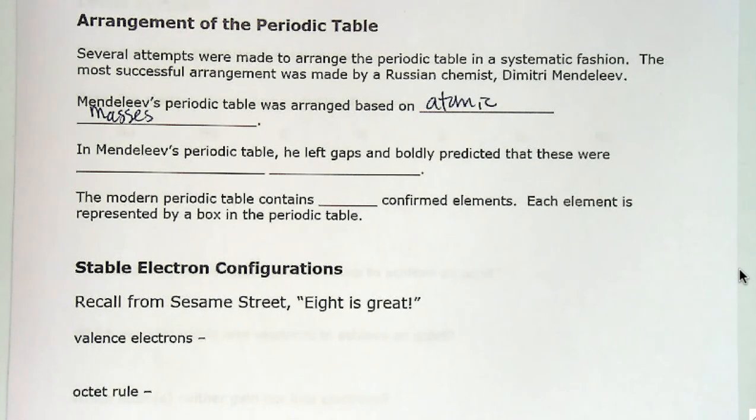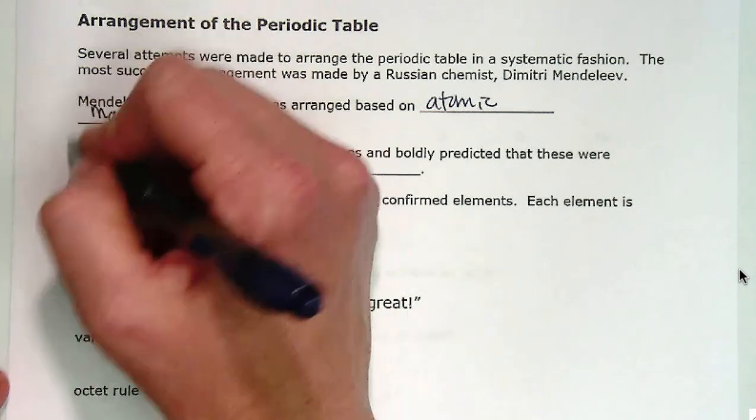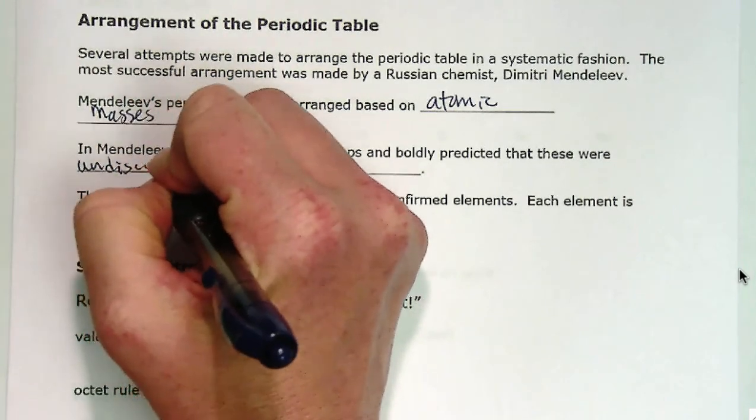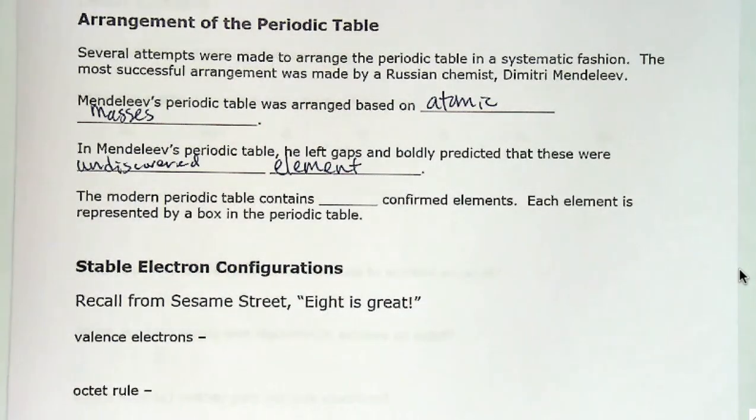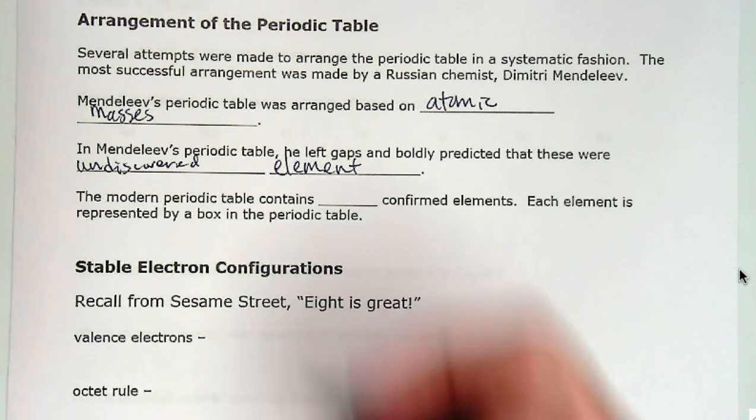And he achieved this by arranging them by their atomic masses. The really interesting thing about Mendeleev was that if he found there wasn't an element where he would expect one, he left it blank and said, this could be an undiscovered element. He left gaps and boldly predicted that these were undiscovered elements.